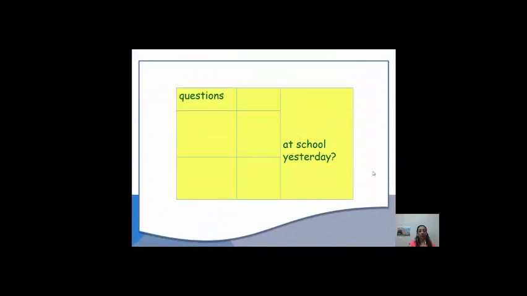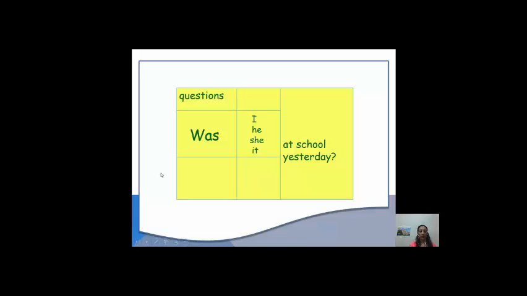Okay, in the question form, as we know, with the verb to be, we put the verb to be at the beginning of the sentence, was, then the personal pronoun, then the rest of the sentence, and don't forget the question mark.